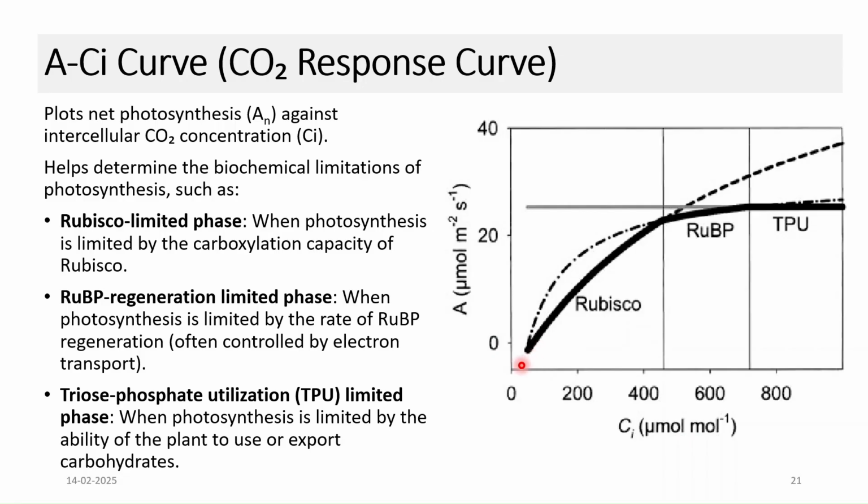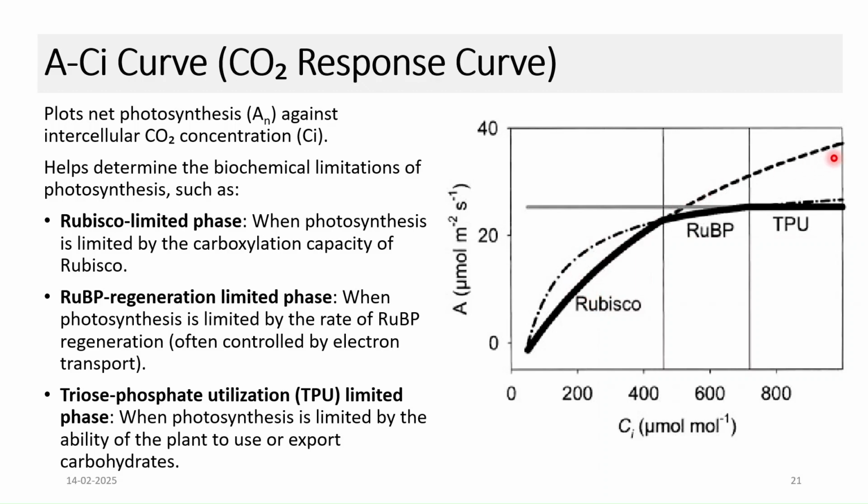So here if you see the curve, there are three types of lines. One is the straight line depicting the triose phosphate utilization rate. One is the one with the dashed lines. The dashed line is depicting the RUBP regeneration limited phase, and this dash dot dash line is representing the Rubisco limited. Sorry, it's the other way around.